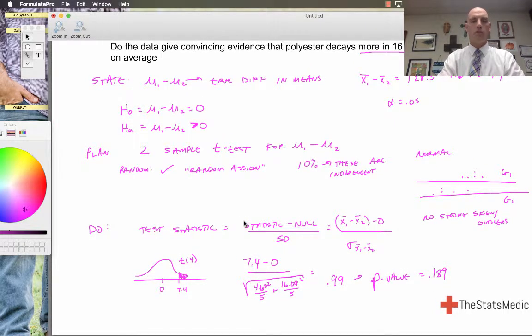Hopefully you see what I did there. I took our mean difference, compared it to the null, which was 0, because we were assuming that there was no difference. So we ran the test as if there was no difference. And so our conclusion should look like this.